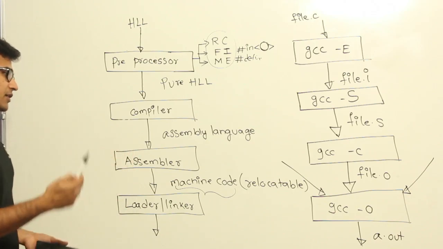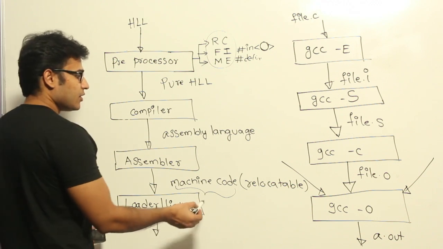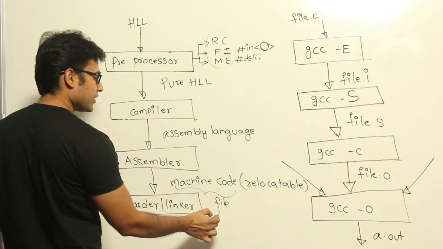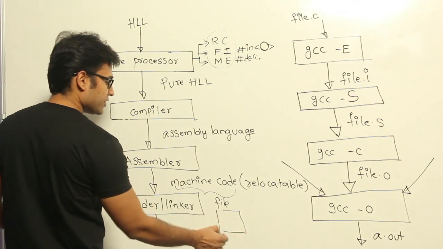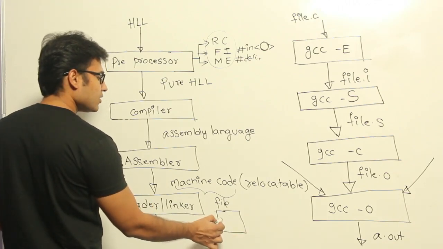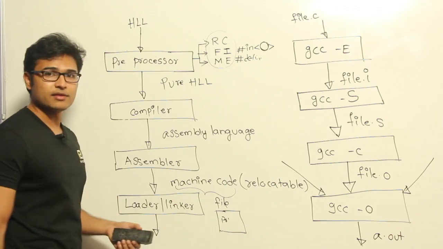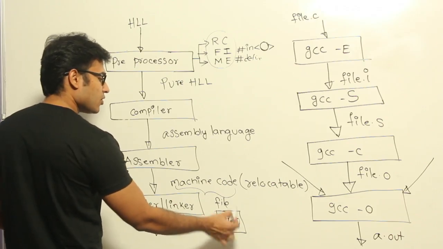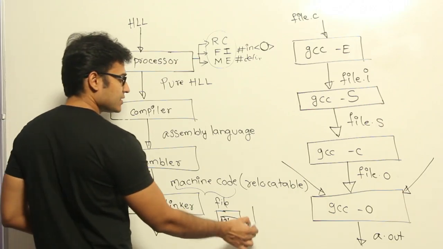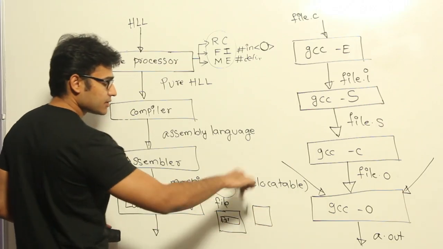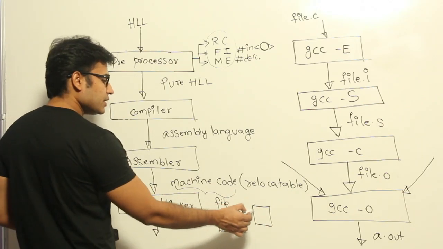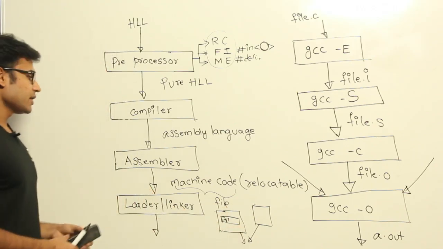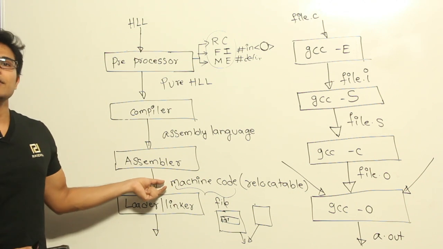For example, in the previous case, in your file you have written a function, main, and inside the main you have used printf, but you have not actually given the code for printf. Now the printf is present somewhere else in the library, and that is written in a separate file. Now these two files have to be linked, right? That is where your linker is going to play a major role, right?